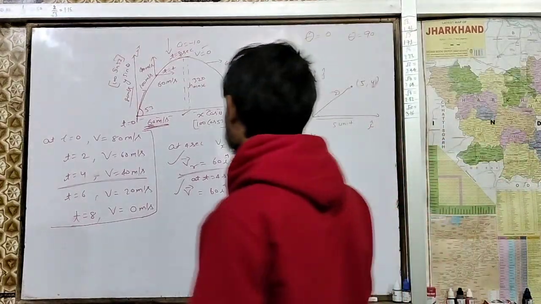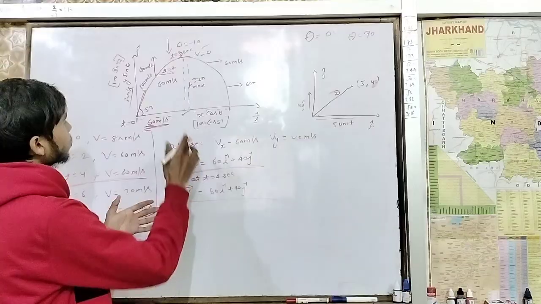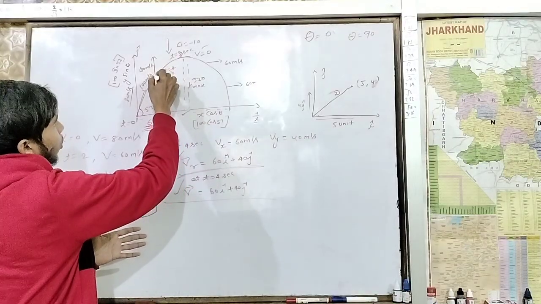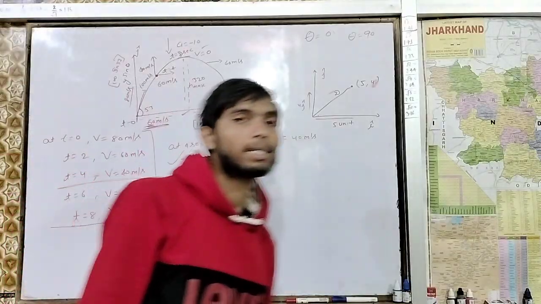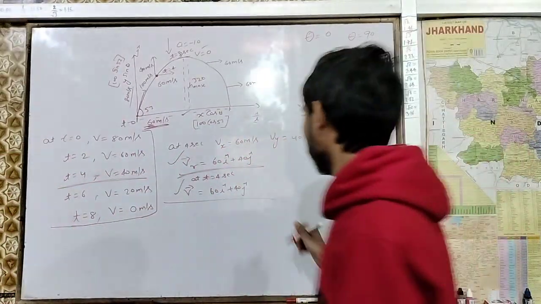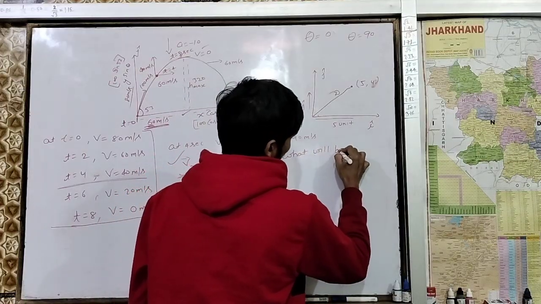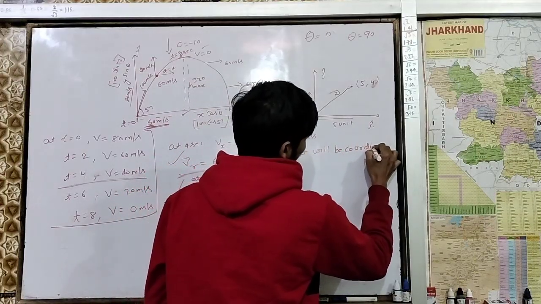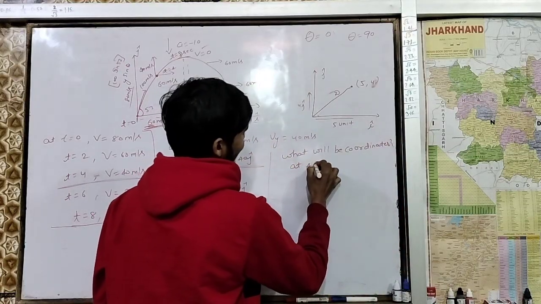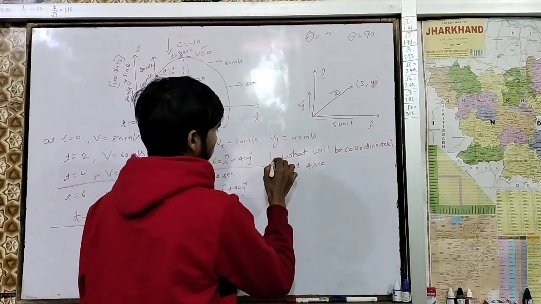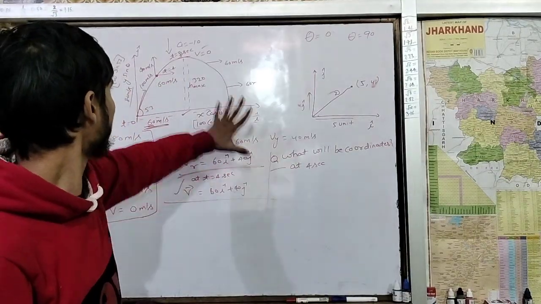Now here I want to tell you one more thing. What if I ask you, tell me the coordinate of this point at t is equal to 4 seconds? What will be the coordinates at 4 seconds? There is a method to calculate this.